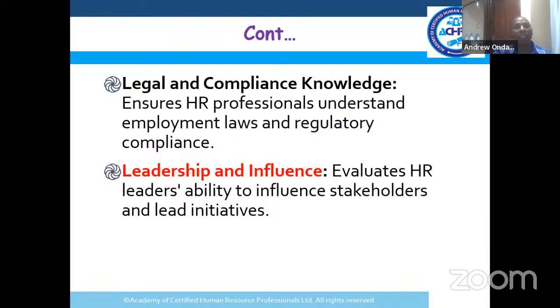The other one is leadership and influence, that HR managers are expected to provide leadership. Leadership in the way people behave, leadership in the way people work, leadership in the way people produce results. So you should lead by example as a leader, because through leadership, we influence the behavior of others. And when we are good leaders in our organizations, then we are likely to be successful.